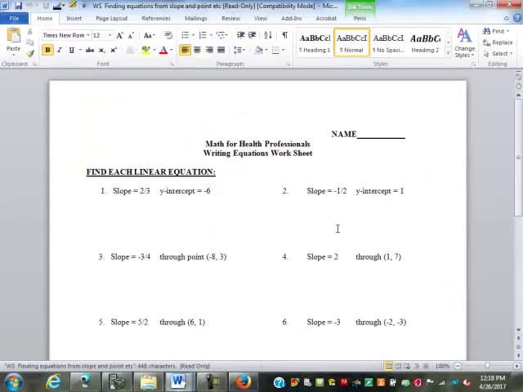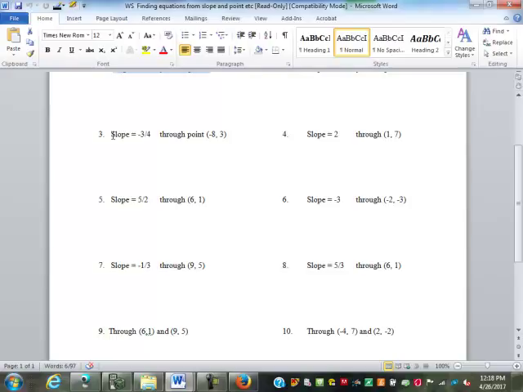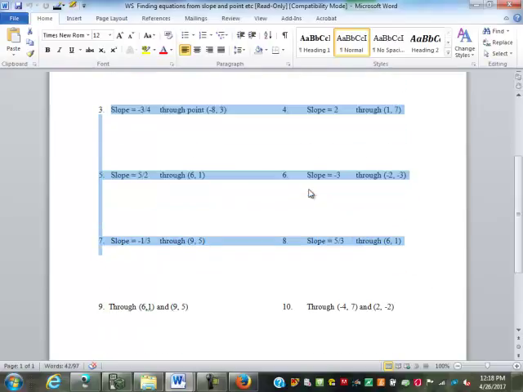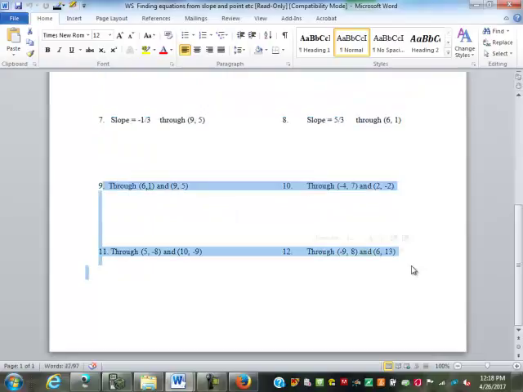If you open that up, that's what we were doing to start off the day. First, I give you the slope and the y-intercept. Write the equation. y equals mx plus b. Then there's several where I give you a slope and a point that the line goes through. Write the equation from that. And then there's a handful where I just give you 2 points that it goes through, find the equation from those 2 points.